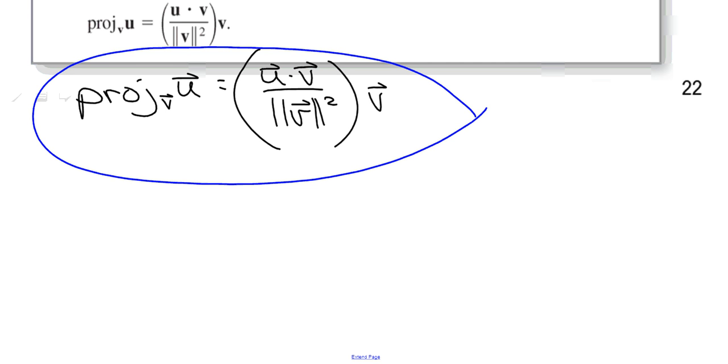If I'm reminded on Wednesday or Thursday, then on Friday I will tell you, bottom line, the things that you need to know, because there are quite a few of them. But this one we certainly need to know for today's problems. So the projection of U onto V is U dot V over the magnitude of V squared times V.